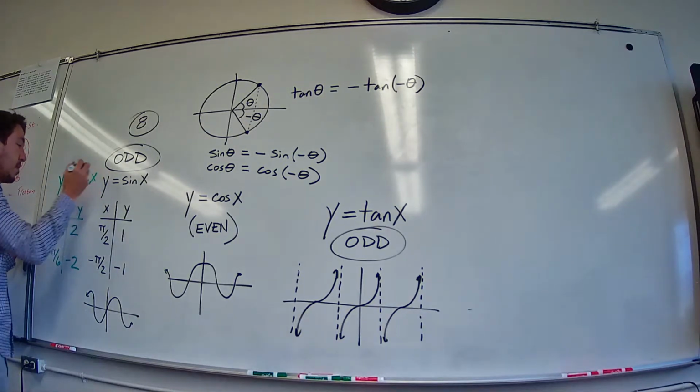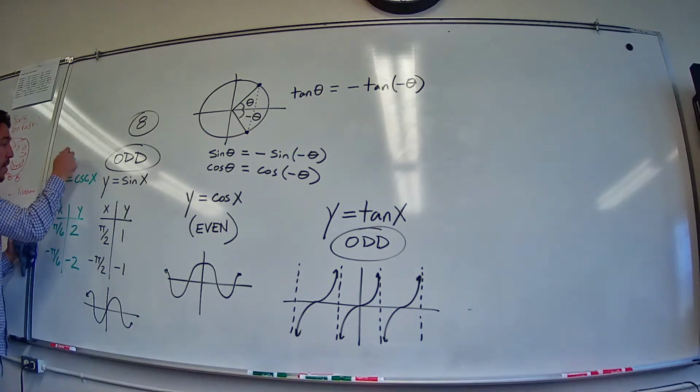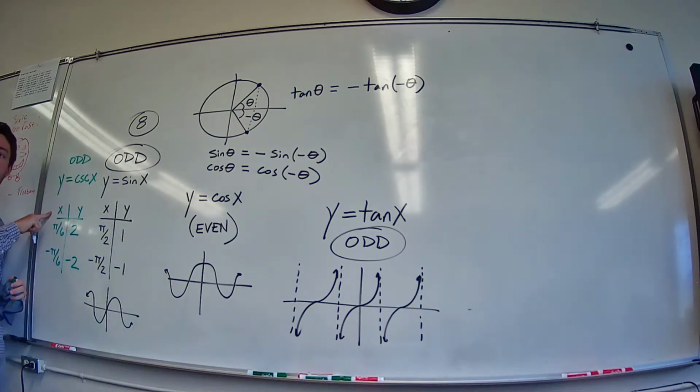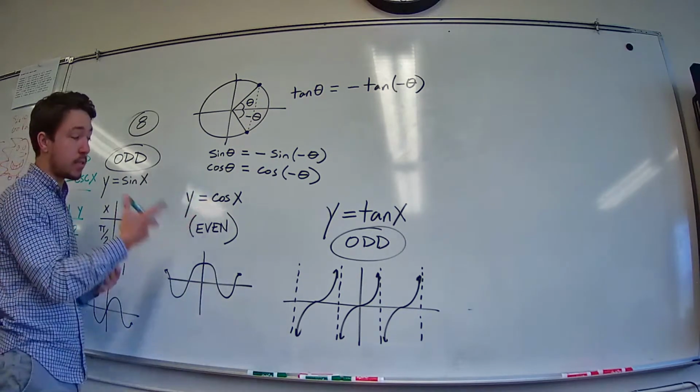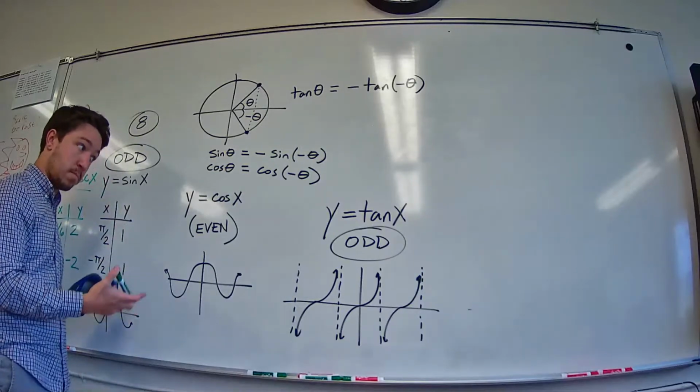Cosecant is an odd function. And this is true for. Make sense? Yeah. Okay, so then cosine, right? His reciprocal is secant.